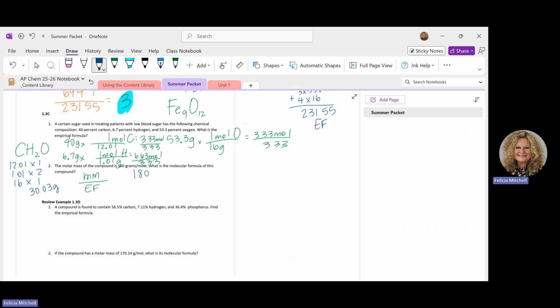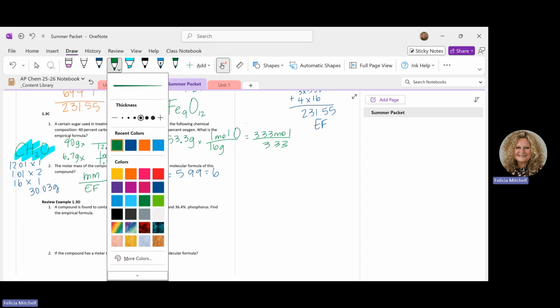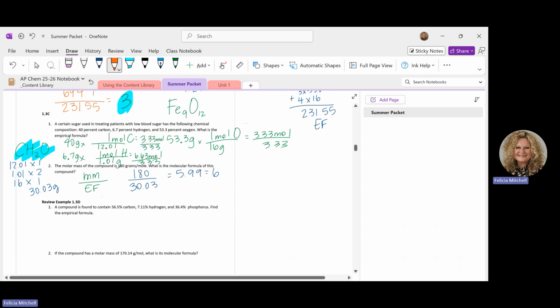So I'm going to do the molar mass, or molecular formula weight, 180 divided by 30.03, and that comes out to be 5.99, or 6. So I have to take this empirical formula and multiply all of those subscripts by 6: C6H12O6, which is glucose.